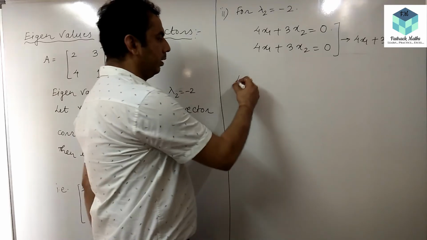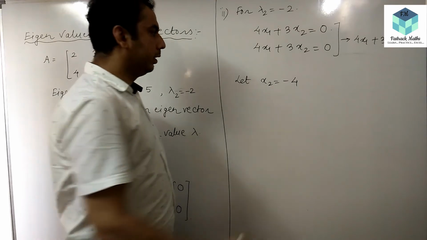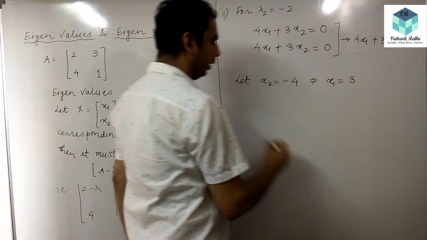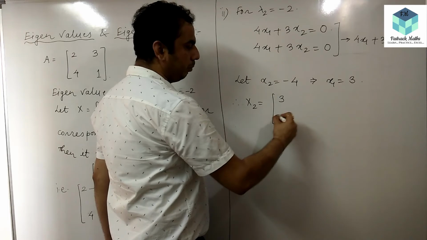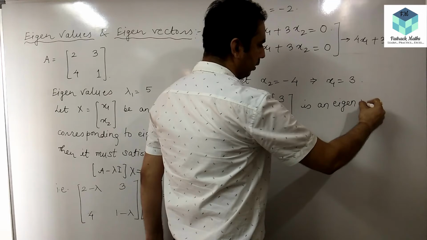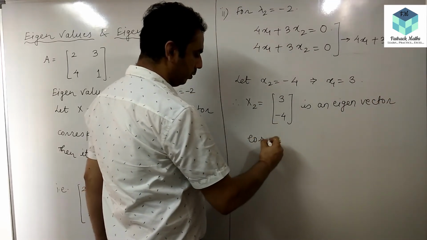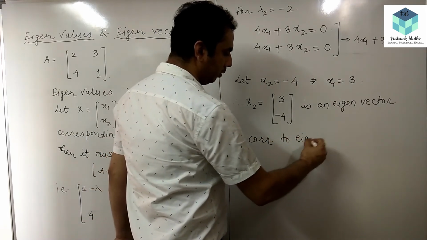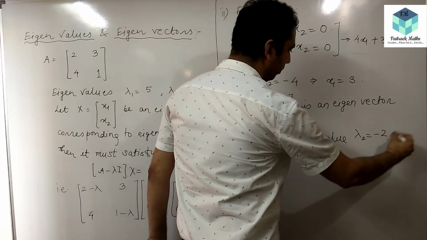So let x2 is equal to minus 4 in this case. Then this will give us x1 is equal to 3. Therefore X2 is equal to (3, minus 4) is an eigenvector corresponding to eigenvalue lambda 2 is equal to minus 2.